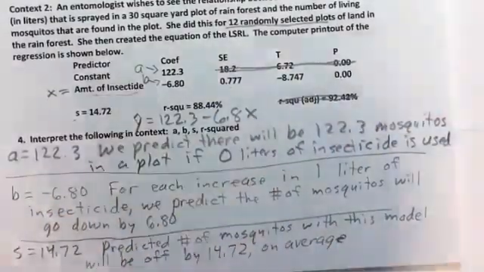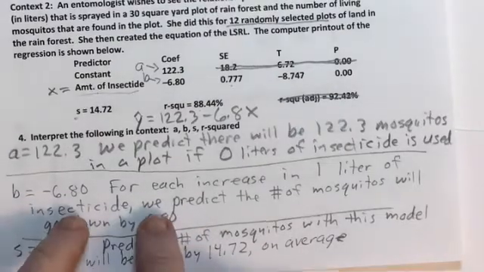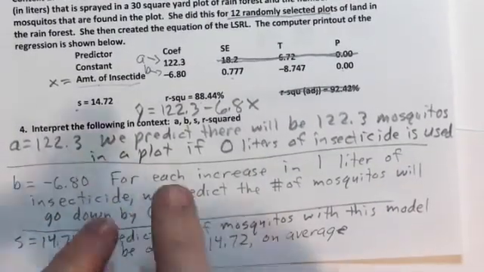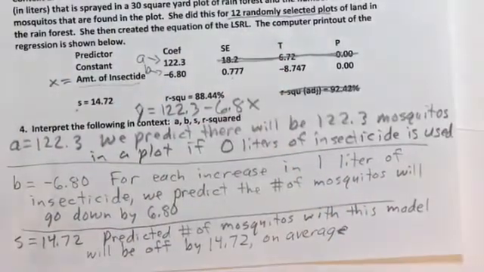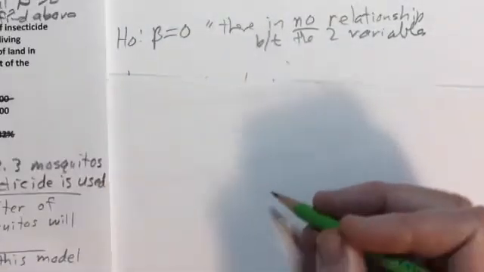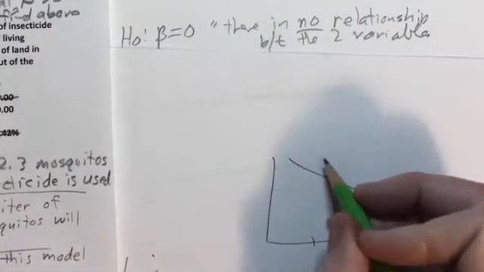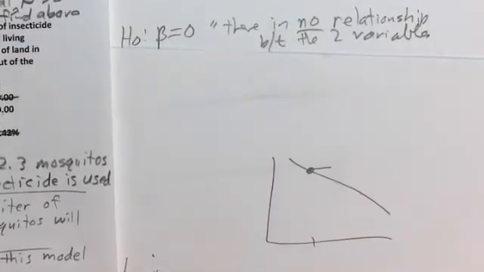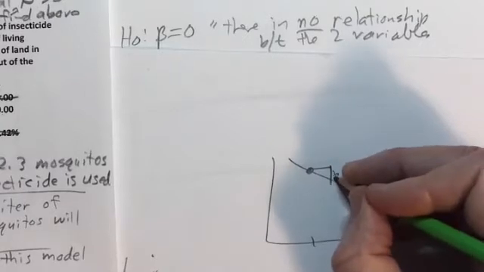What is the slope? Here's the most asked about question in linear regression: interpret the slope. The slope is this. Every time x goes up 1, the slope is what we expect to happen to y. In other words, if you look at the line here, and it would be a negative line in this case, going down like that, if x goes up by 1, if we're on the line and we move over 1, what happens to y? It goes down in this case, by the amount of the slope.